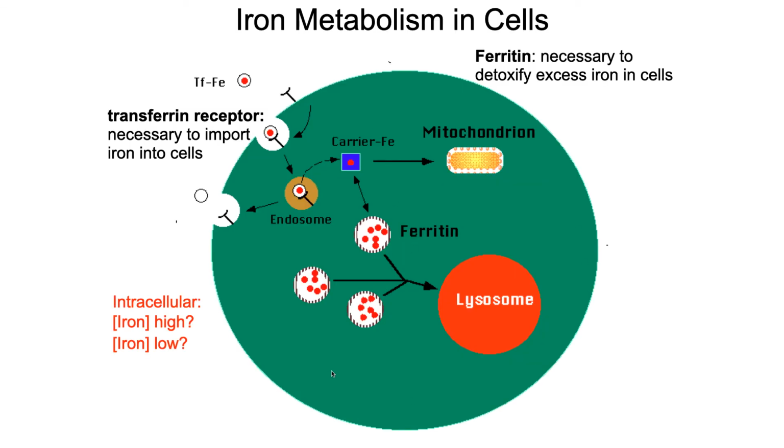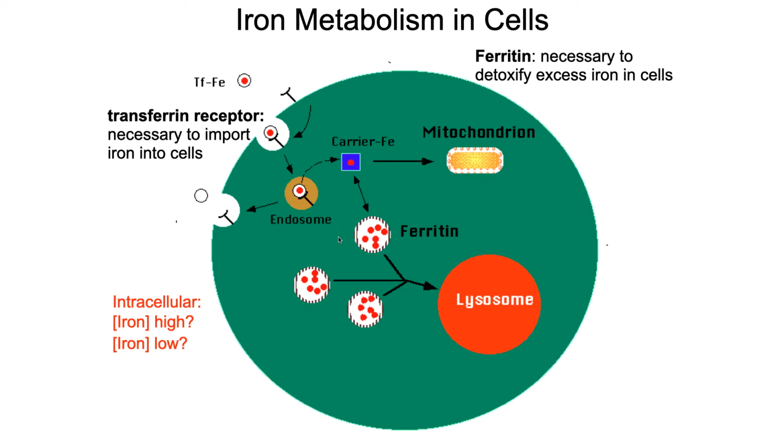If we look at a cell, these two proteins are important for regulating the iron levels within a cell. If the iron level within a cell is too low, then more and more transferrin receptor is going to be made that brings more and more iron into the cell, and that could then restore iron that had gotten too low.